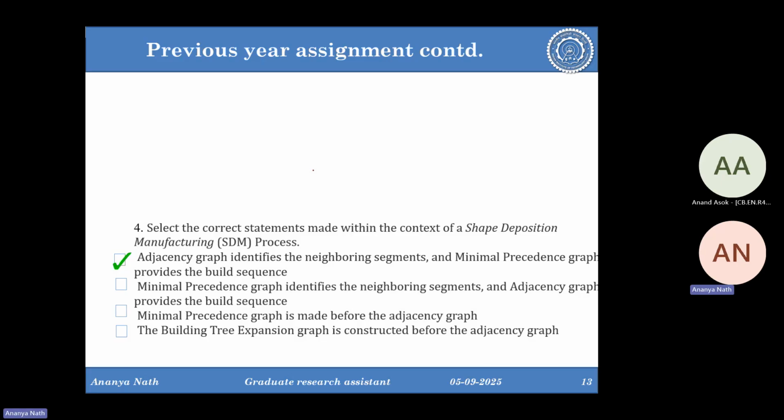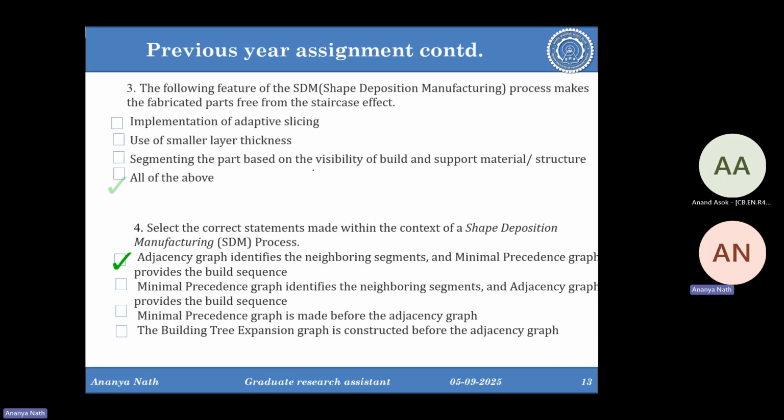As I said, adjacency graph gives you which are the parts adjacent to each other. You need to identify that, and then minimal precedence will give you the build sequence by the minimal usage of the resource. Following features of the SDM process makes the fabricated parts free from the staircase effect: segmenting the part based on the visibility of the build and support material structure.